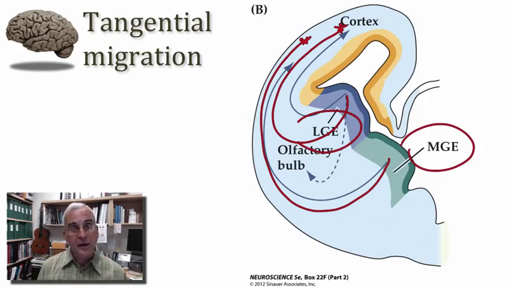There are other examples of tangential migration in the nervous system that affect other kinds of cells. You can read more about that in the textbook if you'd like.